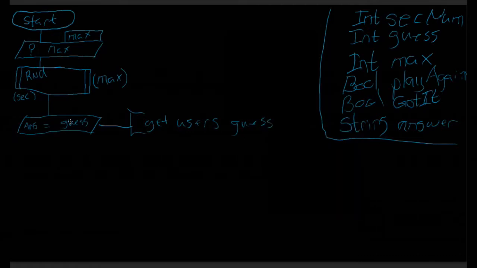And it's assigning that to the value of, not answer, this is actually, we're just getting their guess. No, this is bad because answer is not what we're using here. Sorry. So we're just getting guess. We're just going to go question mark guess. Now that's being saved in guess, because we have guess up here.